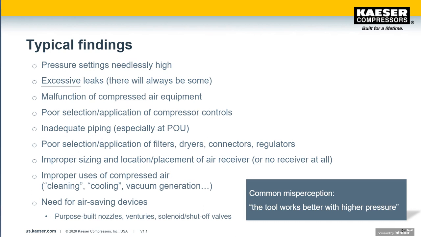Leaks, of course, yes. We find leak rates between 10%, which is super good, and 70%, and sometimes even a little bit more. This is ridiculous, but it is out there. About 20% of the leaks typically make 80% of the waste, so we need to focus on those.